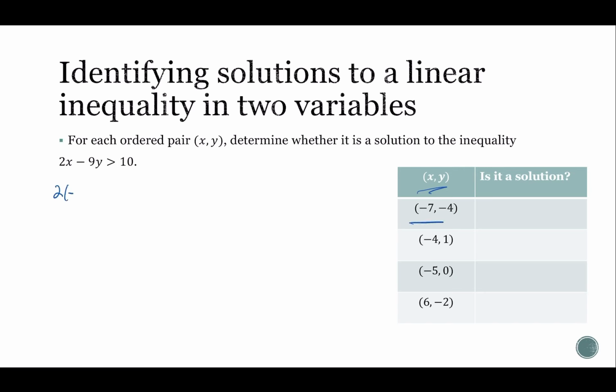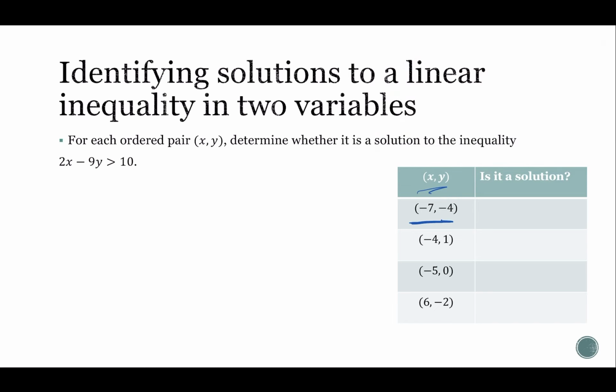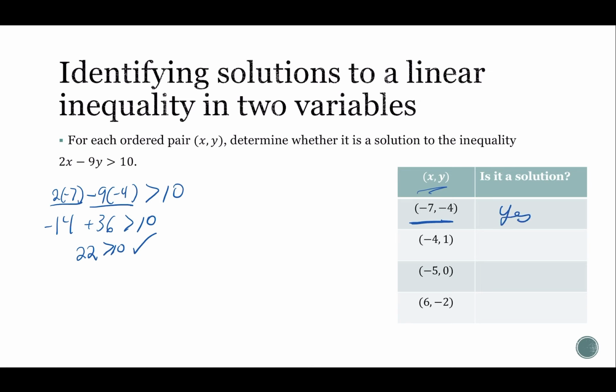Let's start over. 2 times -7 minus 9 times -4 is greater than 10. So 2 times -7 is -14. -9 times -4 is +36, which gives 22, and 22 is greater than 10. This is true. So yes, it is a solution.